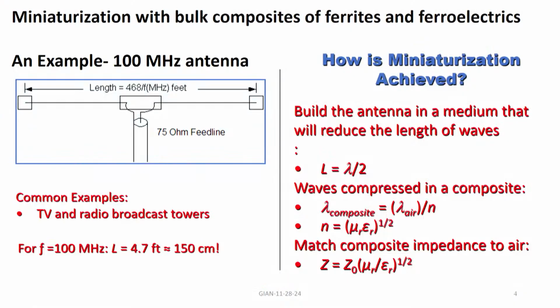If the impedance of free space is Z naught, then if you make mu r and epsilon r equal in magnitude, then the impedance of the medium will be equal to the impedance of free space. The free space impedance is close to 150 ohms. Okay, so just to let you know.